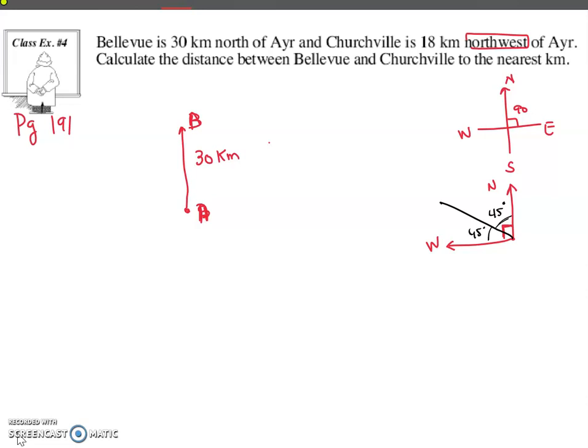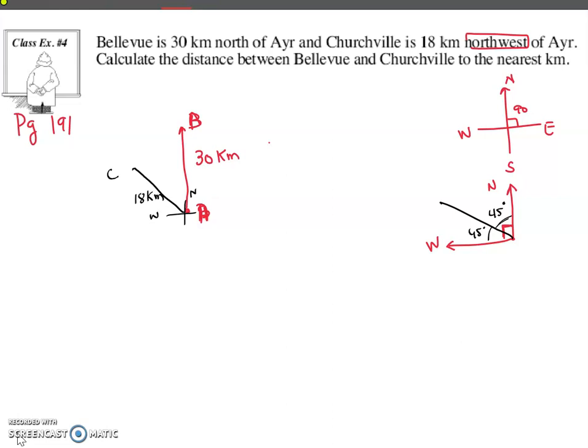Okay, so coming back to this question, it says the town Churchville is 18 kilometers northwest of Air. So if I were to draw a tiny little direction map here, this is north, this is west. So I am going right smack in the middle, and that's where the Churchville town would be, and that would be 18 kilometers.